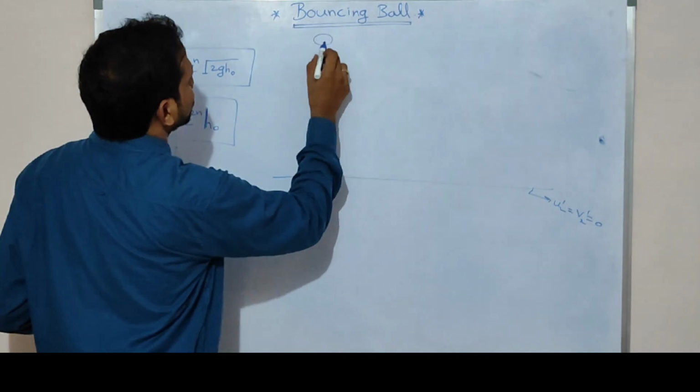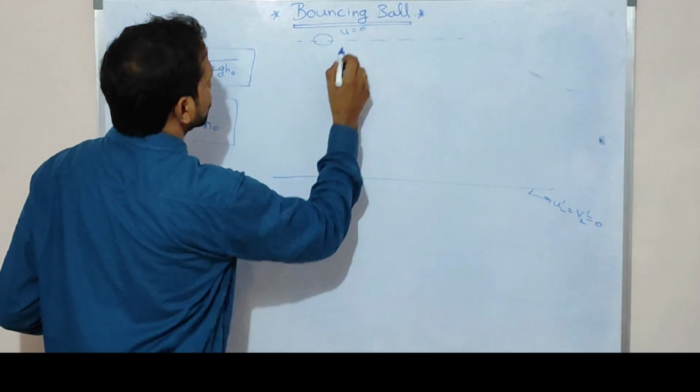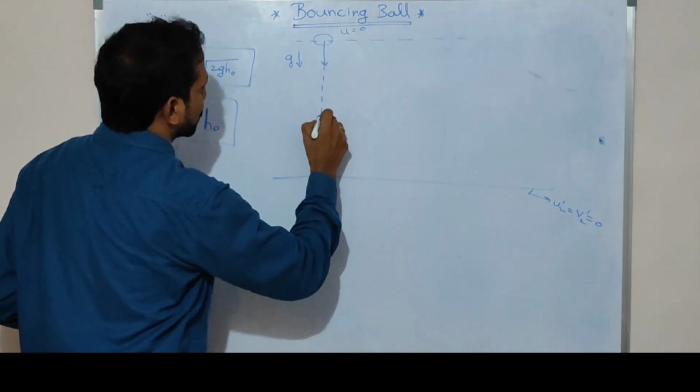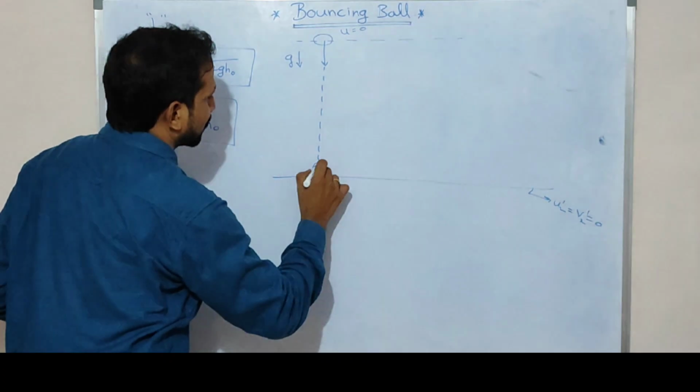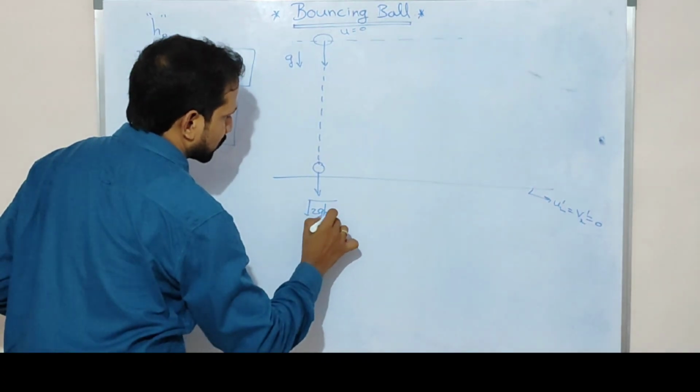Now from here the body is dropped, so the initial velocity is 0 and it will come downward with the help of gravity. It will hit the ground with some velocity, under root of 2g h naught.